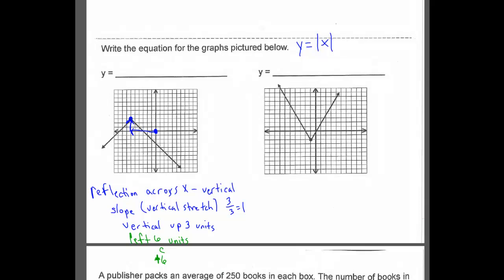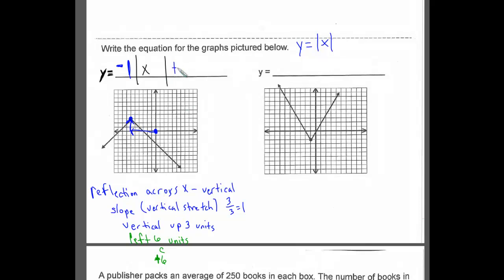Let's write that equation. Y equals, this is important, don't forget the y equals. Y equals the absolute value of x. Let's finish writing this up. It is a reflection across the x-axis, so it's vertical movement. The slope is 1.